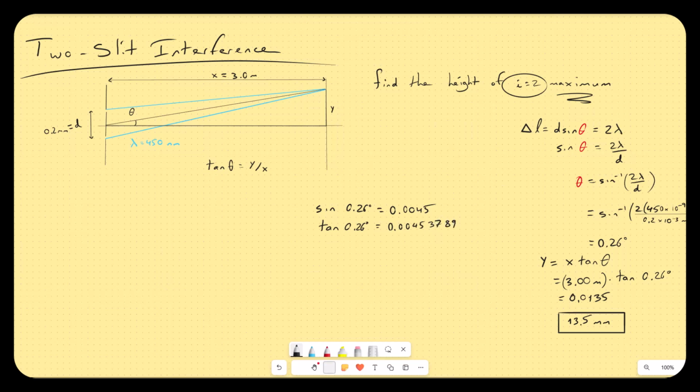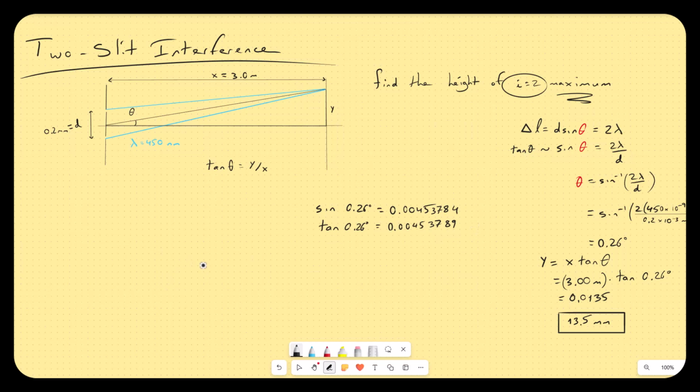The point being that for such a small angle, the sine of an angle and the tangent of an angle are really the same for a while, which also means if I'm doing this thing, I can say sine of theta is approximately equal to tangent of theta.